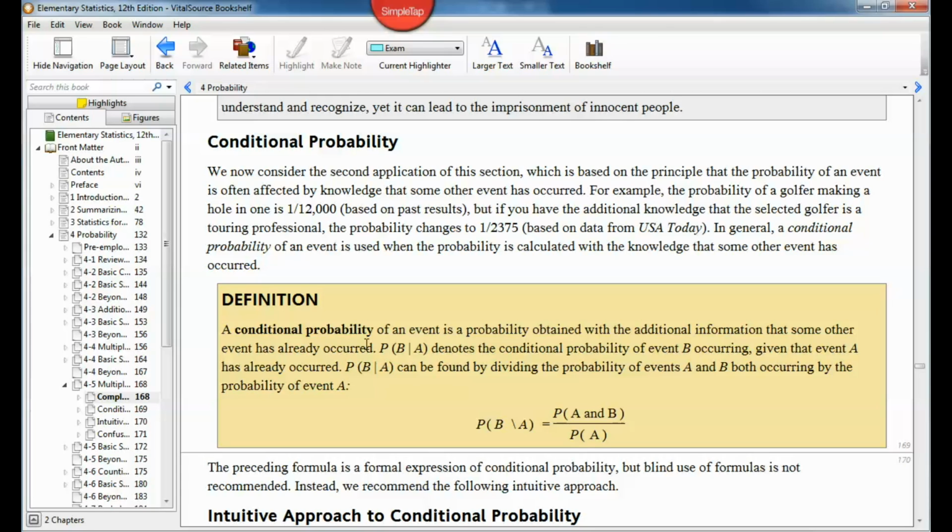So the probability of B given A can be found by dividing the probability of the events A and B both occurring by the probability of event A. So using a formula, the probability that B occurs given A is equal to the probability of A and B occurring over the probability of A occurring.